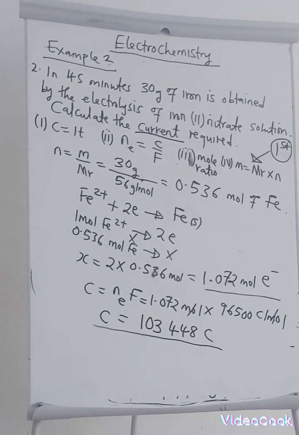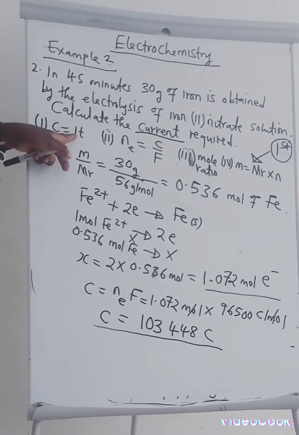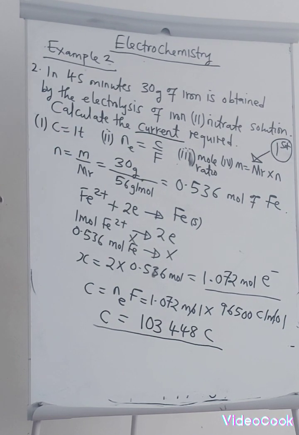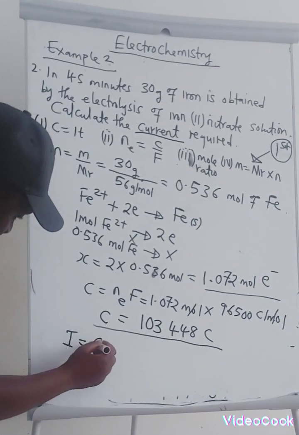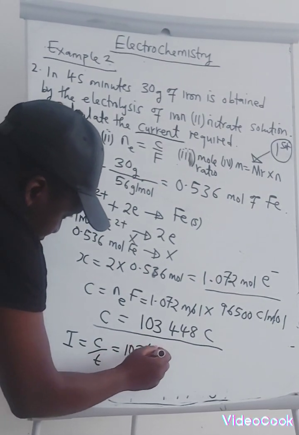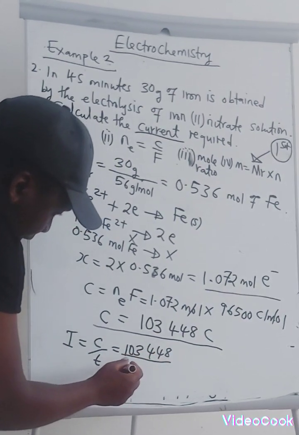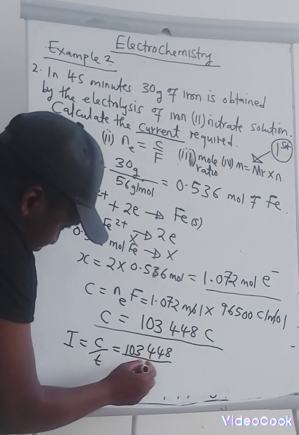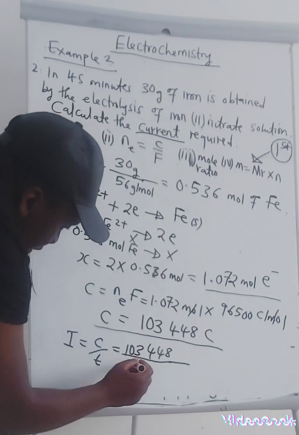Since we have the coulombs, we can get the current. We interchange the formula and make I the subject, so current is equal to Q over time. Q is 103,448 divided by time, which is 45 minutes.